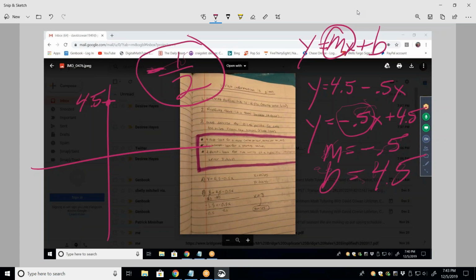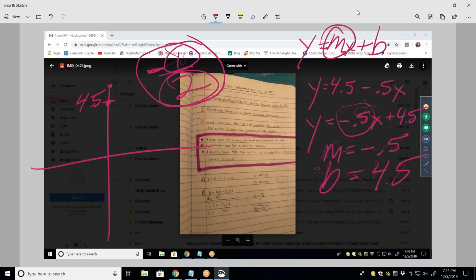No, it's 1. It's whatever the numerator is. The run is 2. Okay, so I'm going to go up 1 to there, and then I'm going to go over 2.